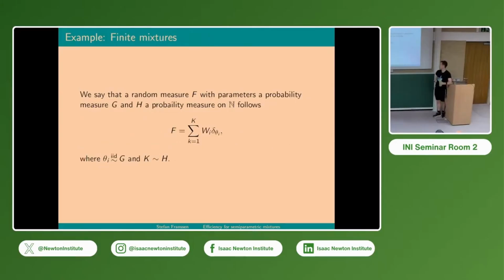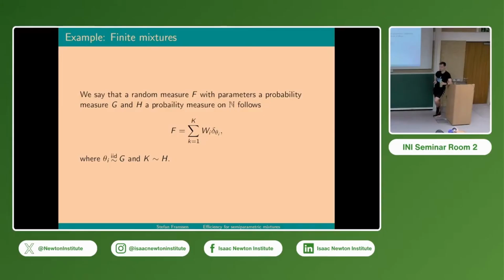The other example that people use a lot in mixture models is to model the distribution F itself as a mixture. So we say that a random measure F follows this, then it is a finite mixture.